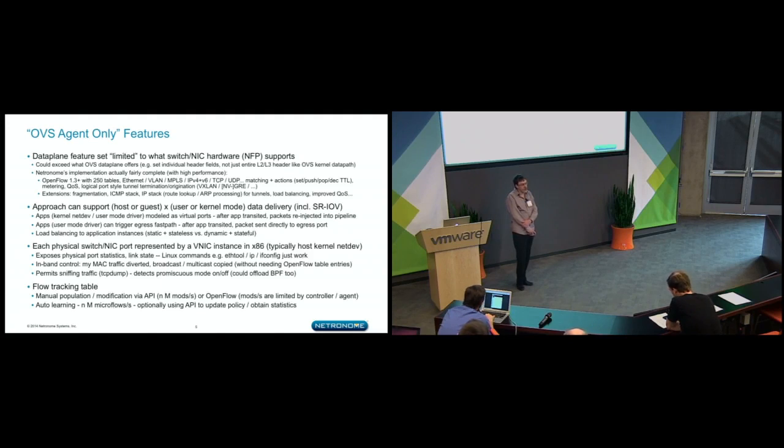Even though you do not necessarily need these VNIC instances in the x86, they're typically in the kernel. I mean, in theory, they could be user mode as well, but people typically like the kernel netdevs.